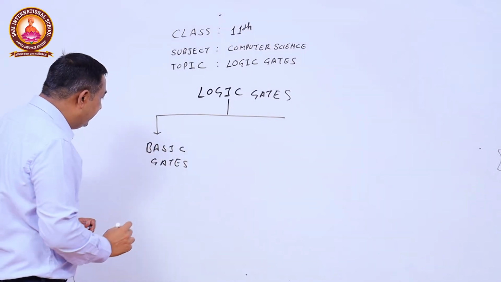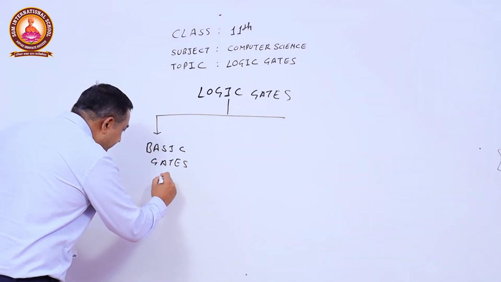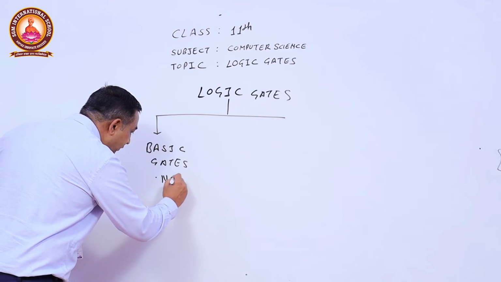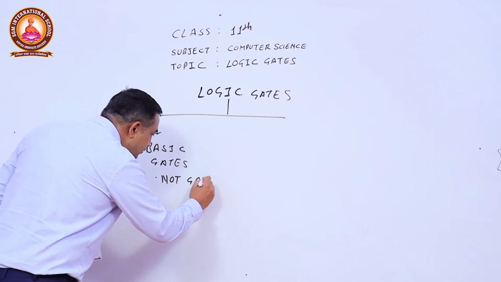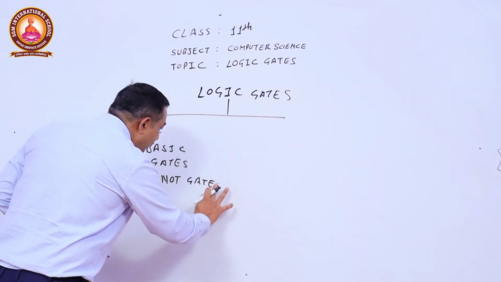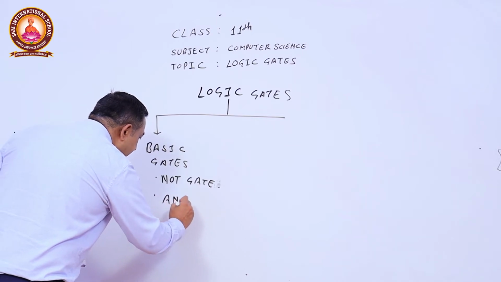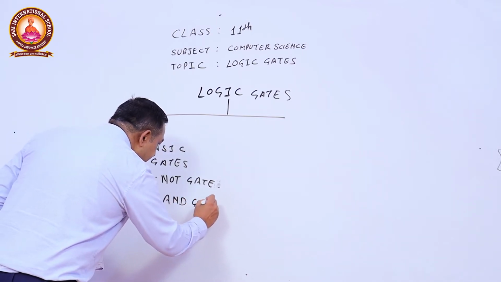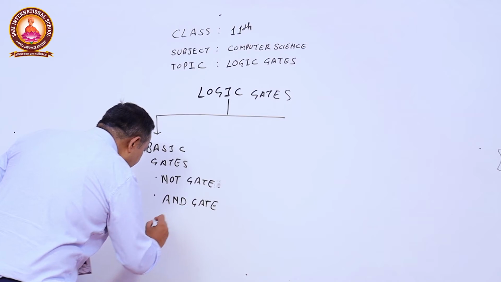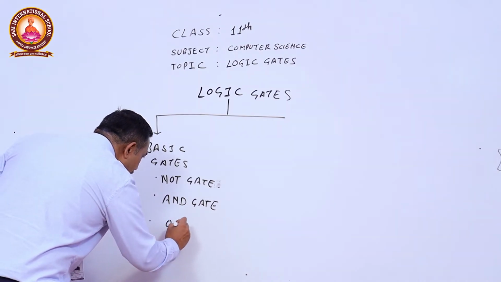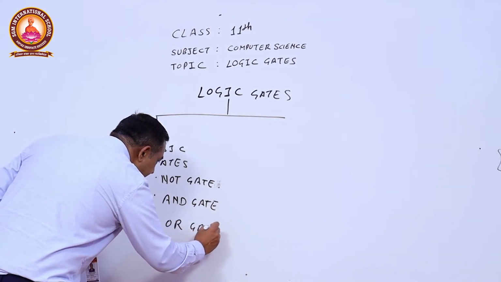In this category there are three gates. First one is the NOT gate, also known as the inverter gate. Second is the AND gate, and the last one is the OR gate.